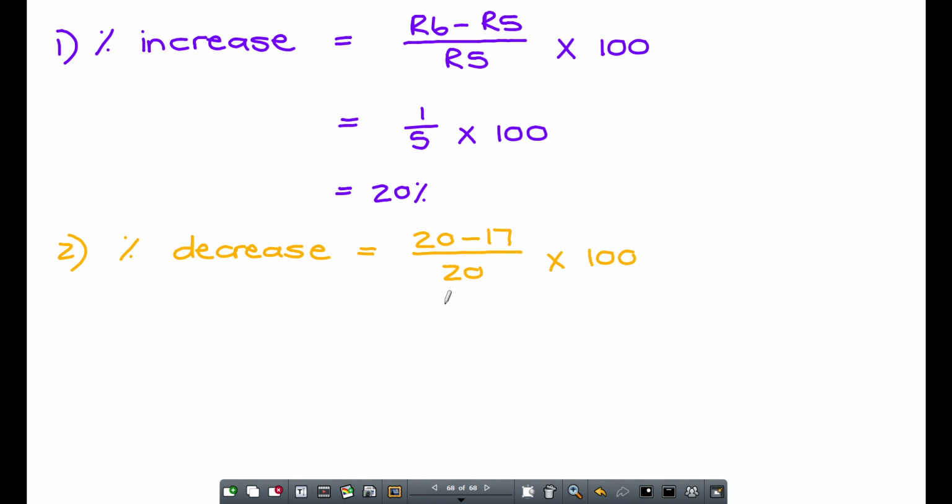Okay. No, you could have skipped to 3 over 20 times 100. Okay. Right. And you should have 15. So it was 15% decrease. Okay.